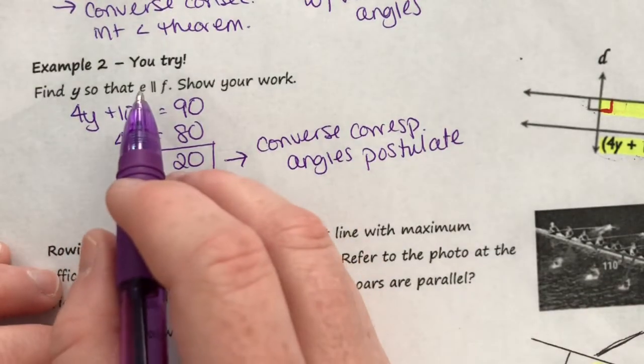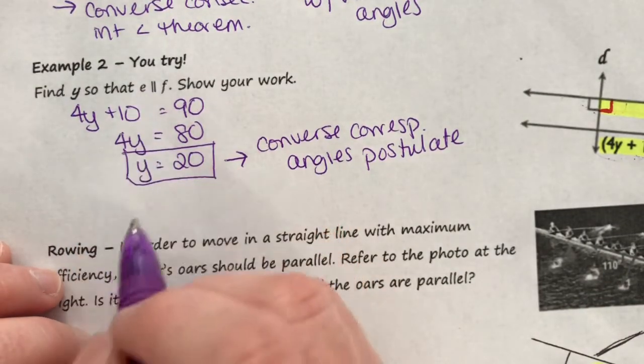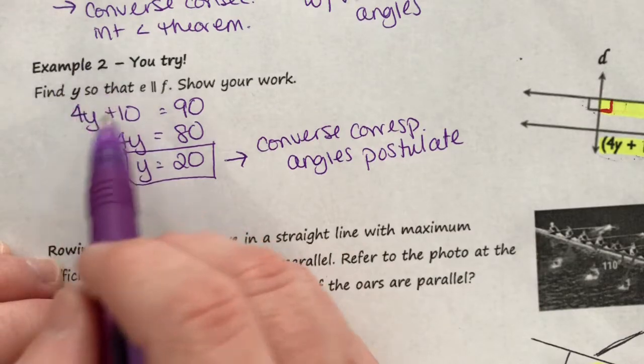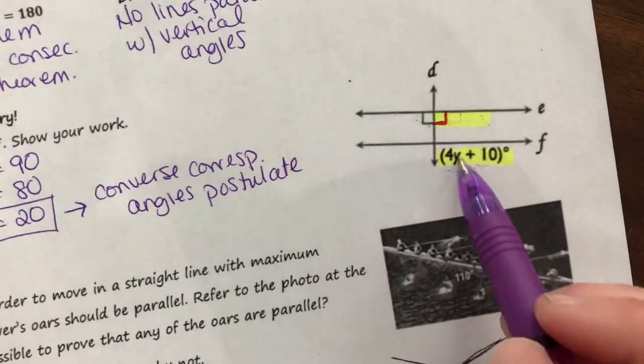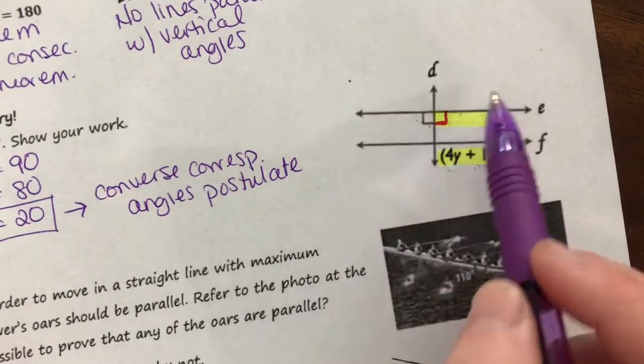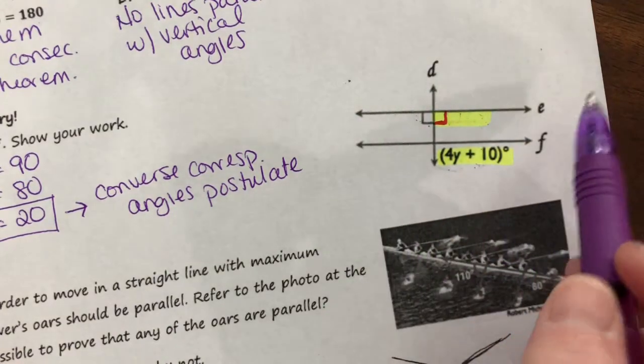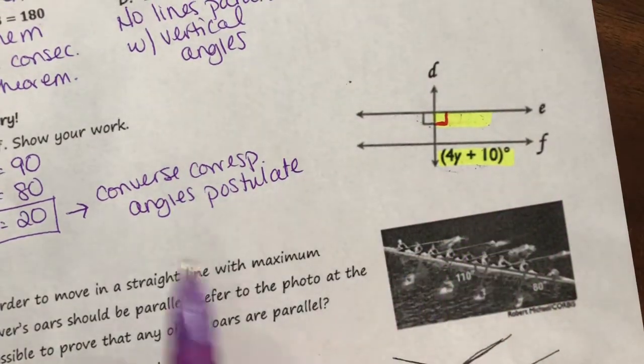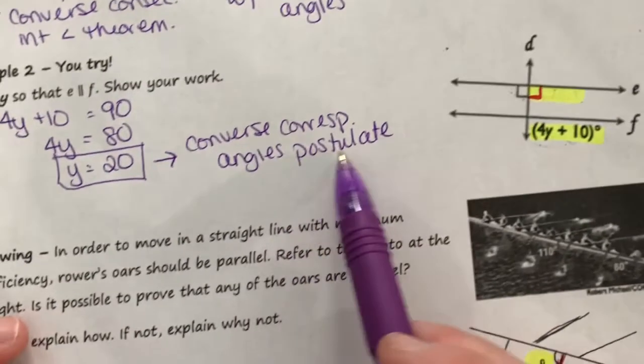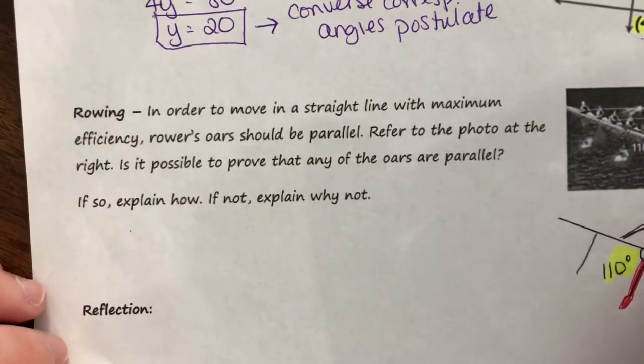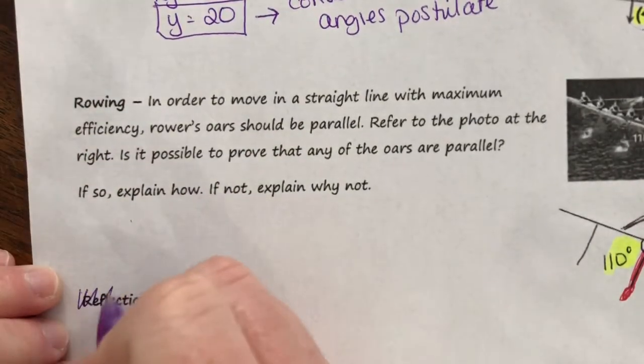Find y so that E and F are parallel. So first I had to solve for y, and if these are equal, then I can show that these two lines are parallel. That's why we did it in the order that we did, and that it was converse corresponding angles postulate. Last one. We're not doing the reflection, so we're almost done.